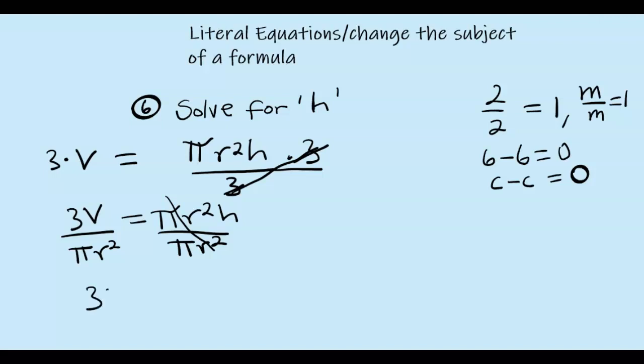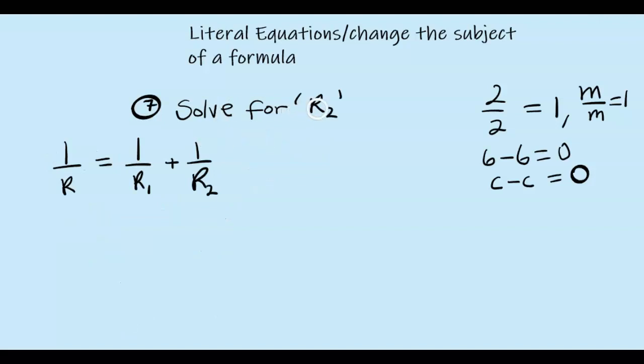So we have 3v over pi r squared as the height. So when I'm looking for my height, I will multiply 3 by the volume and divide it by pi and the radius squared, and that will give me my height.